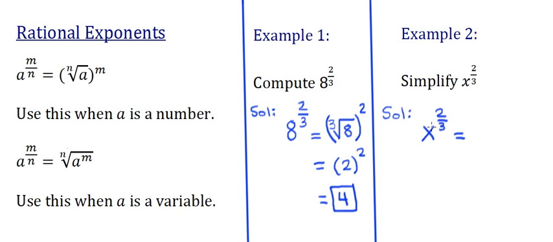X raised to 2/3, since x is a variable, is simply equal to the cube root of x raised to the second power. No parentheses needed, and this is the final answer.